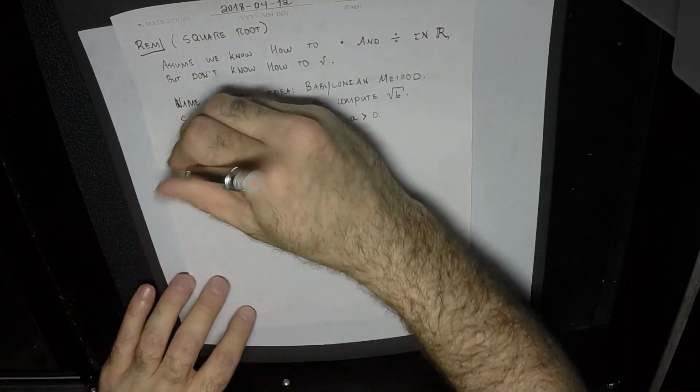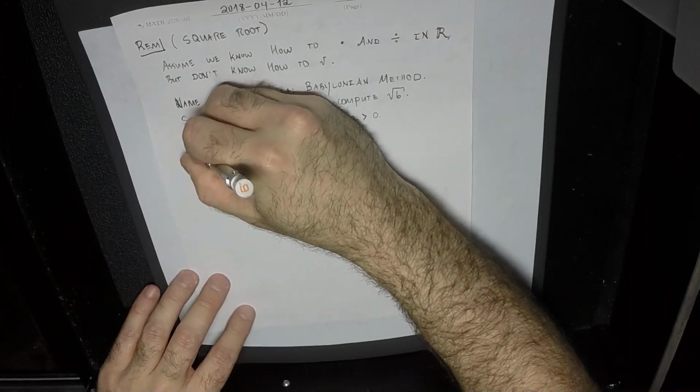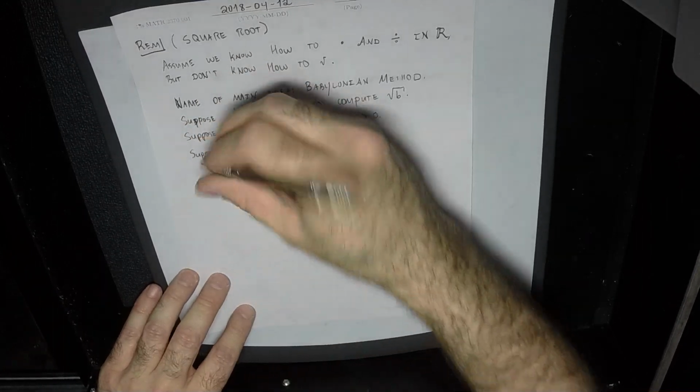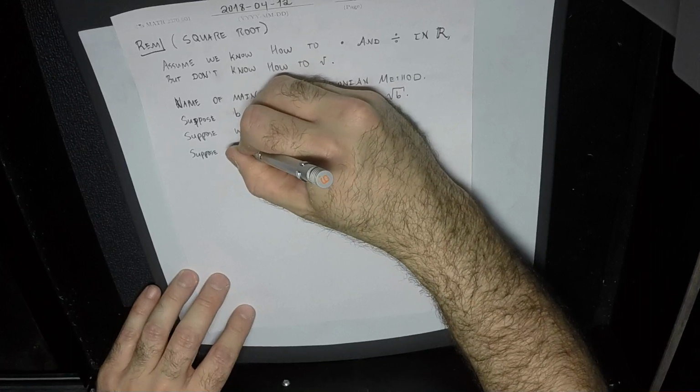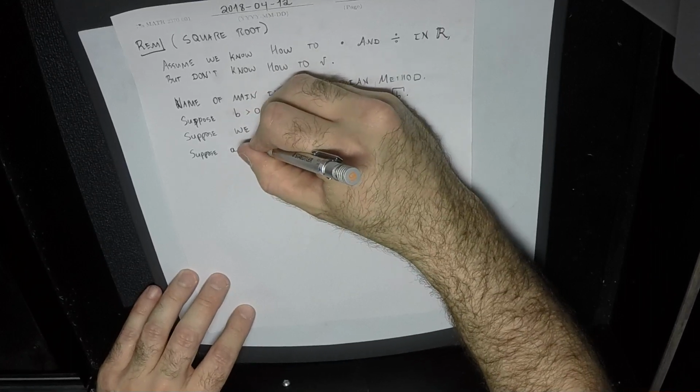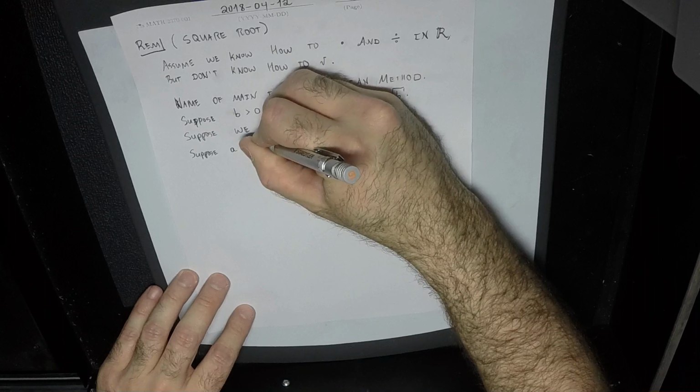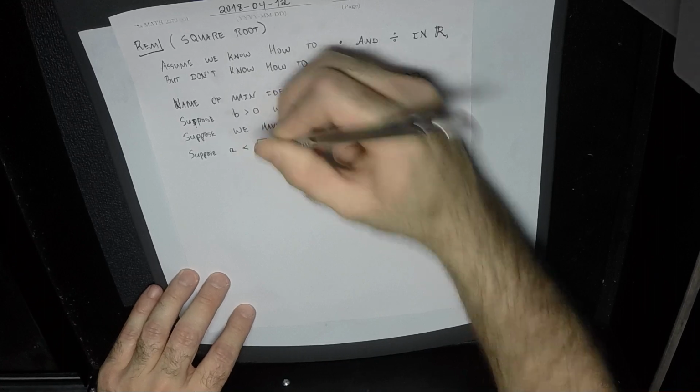So let's consider the case. Suppose that a is too small, that is to say a is less than the square root of b.